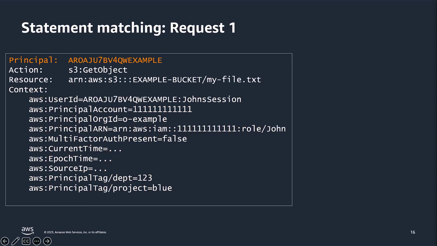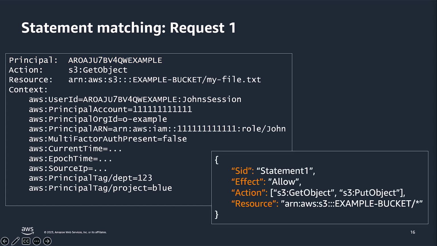You can also see that the request includes a unique ID for John's IAM role in this principal field. To determine if the request is allowed or denied, IAM will compare this authorization context against the policy statements attached to John's role. And IAM will also compare the authorization context against other policy types that we mentioned earlier. But for this exercise, we're just focused on John's identity-based policy.